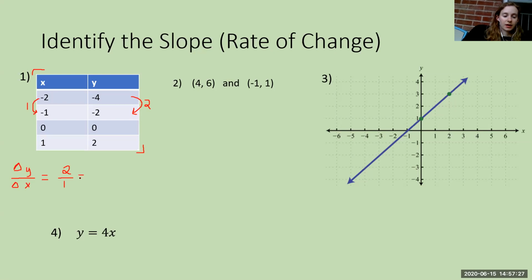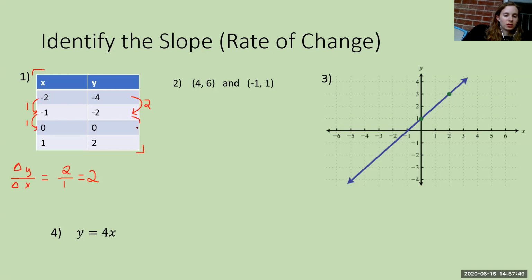I could simplify this, right? 2 over 1 gives me a slope of 2. So I'm going to say here my slope is 2, but just to be extra sure, I want to double check that my rate of change is constant. So going from -1 to 0, that's an increase of 1.